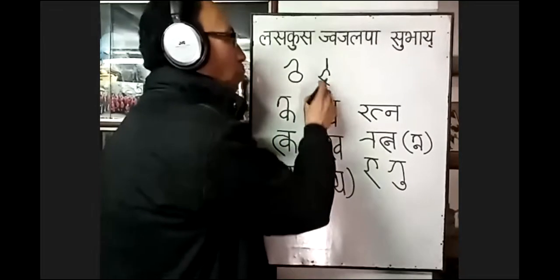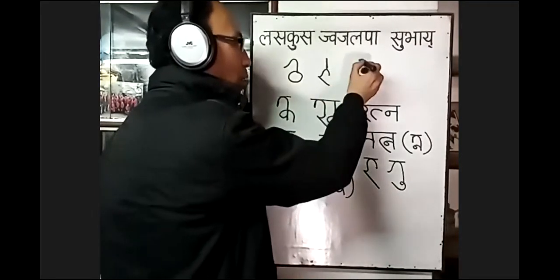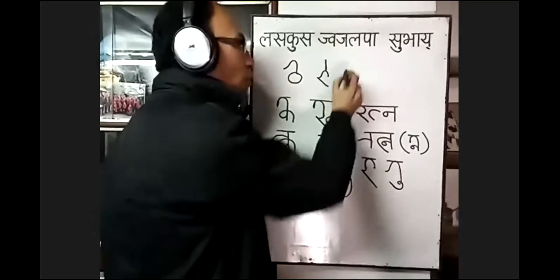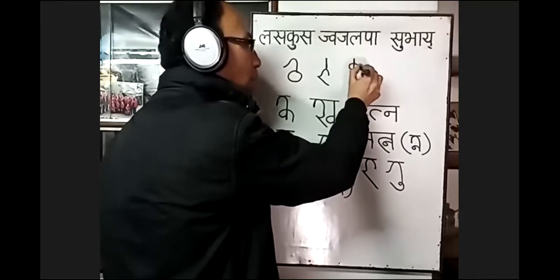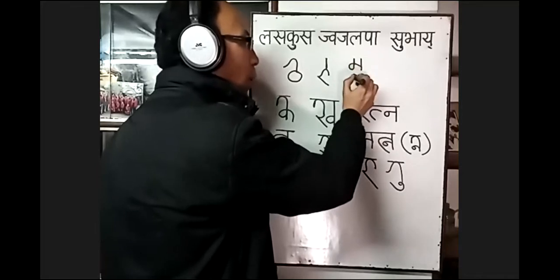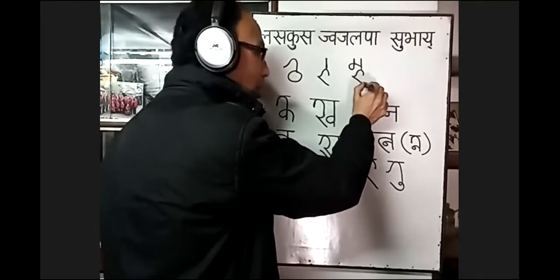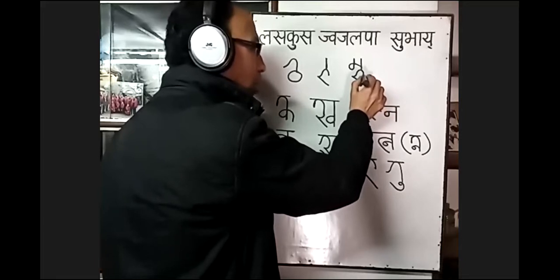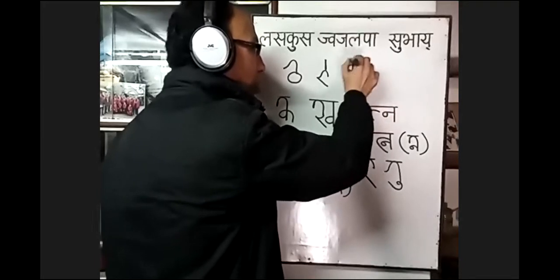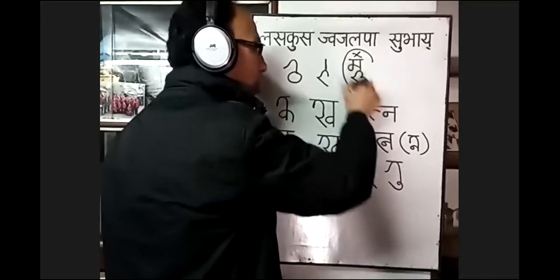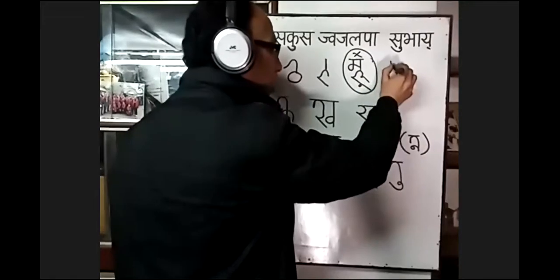And if the bhu is added to other letters, like swayambhu, then you can't write like this. You can't write like this, or like this. This is wrong. So how do you write it?